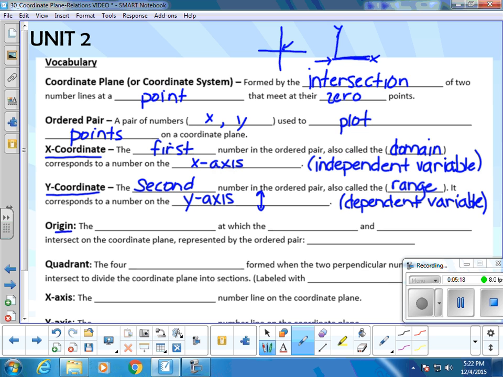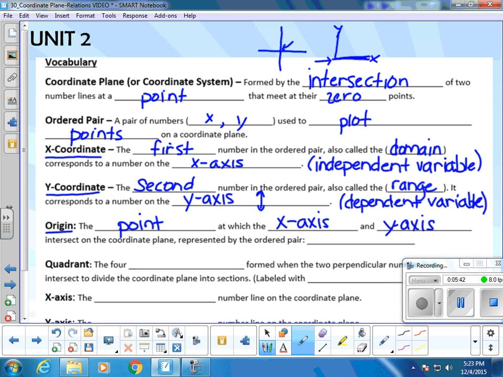The origin is the point at which the x-axis and the y-axis intersect or cross.